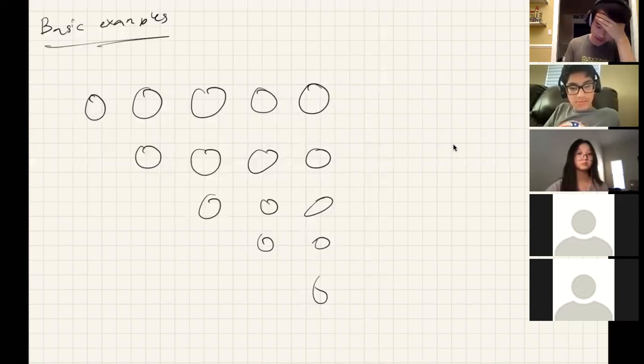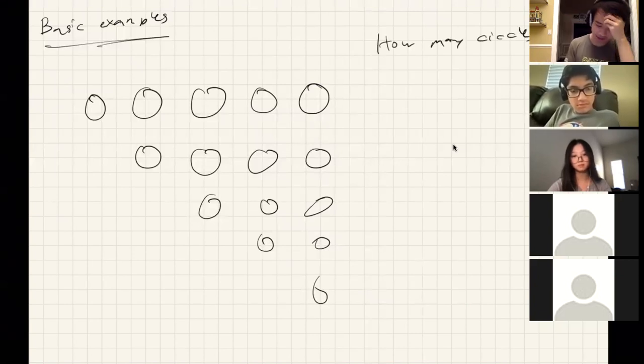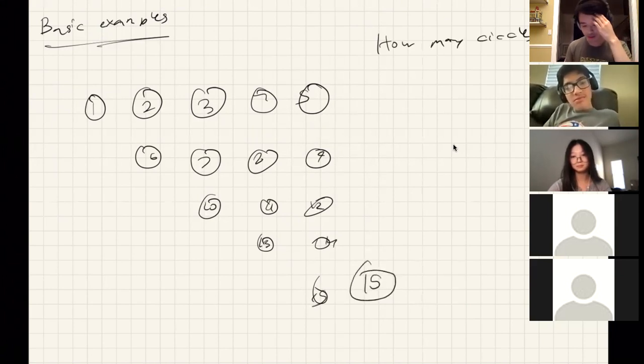So like elementary competitions, they might ask you to find how many circles are in this array, and you would just go 1, 2, 3, 4, 5, 6, 7, 8, 9, 10, 11, 12, 13, 14, 15 circles.